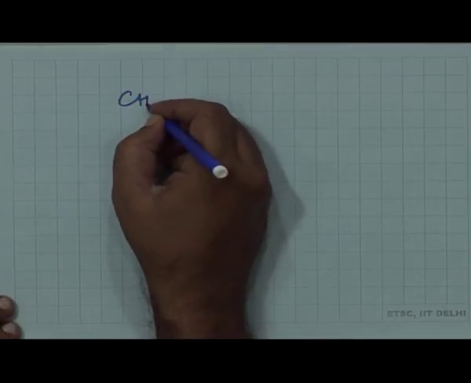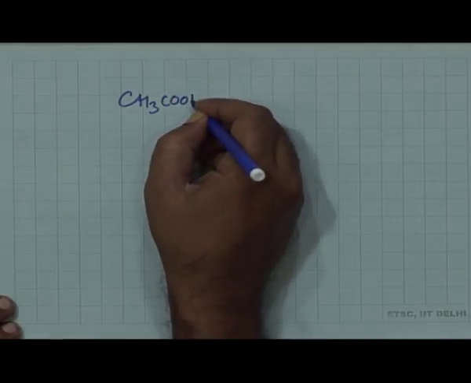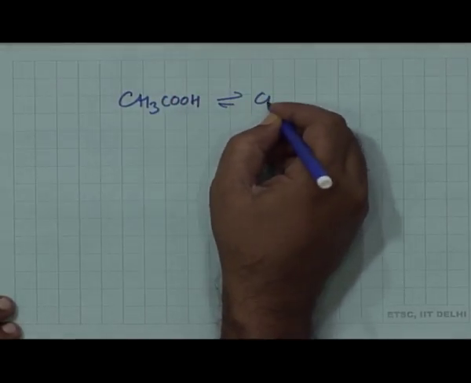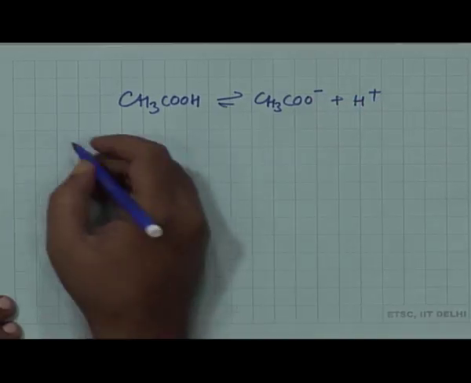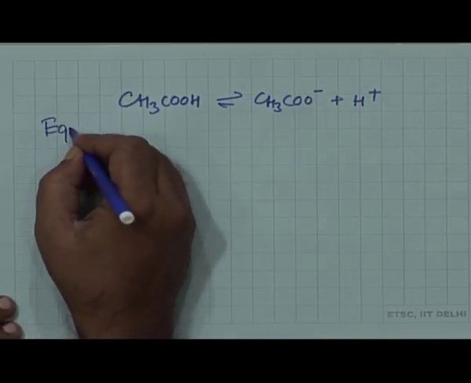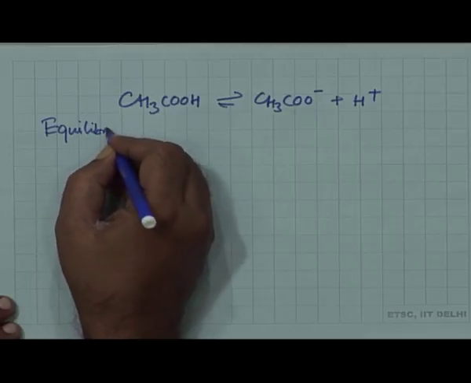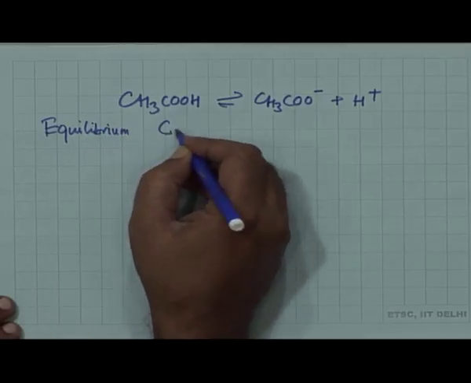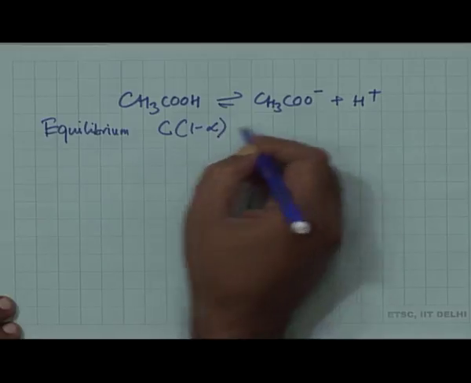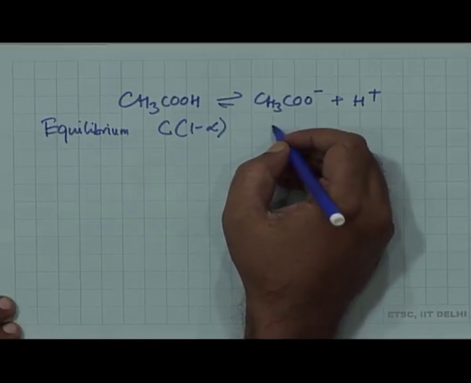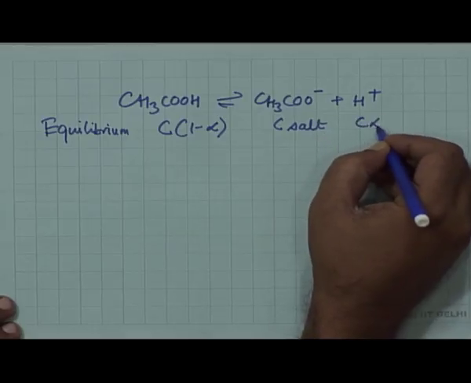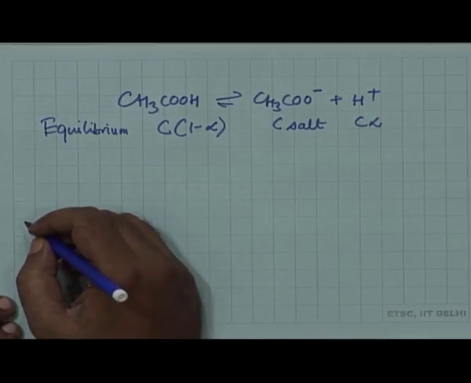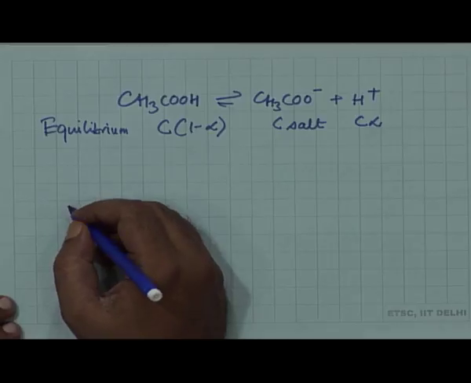So, if we write again CH3COOH giving CH3COO minus plus H plus at equilibrium, we have C into 1 minus alpha, and this is C salt, and this is C alpha, the H plus ion concentration.